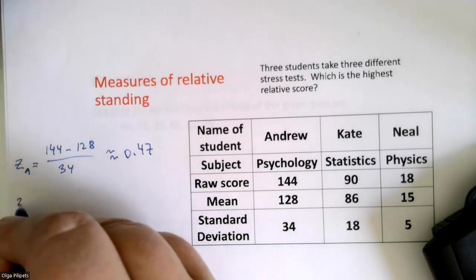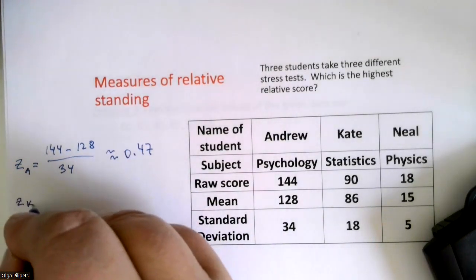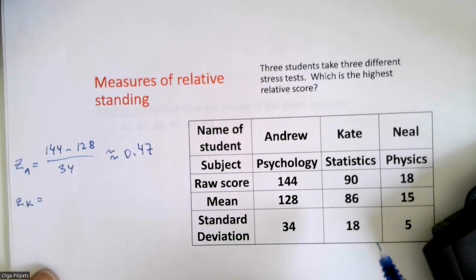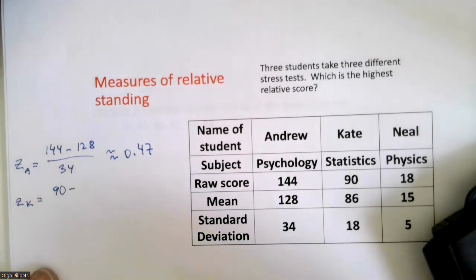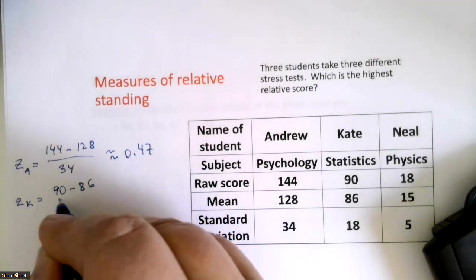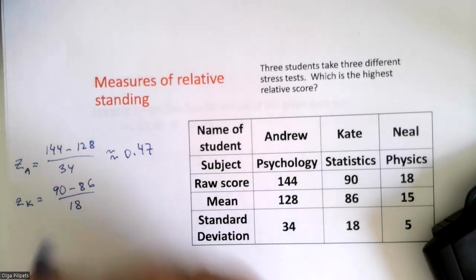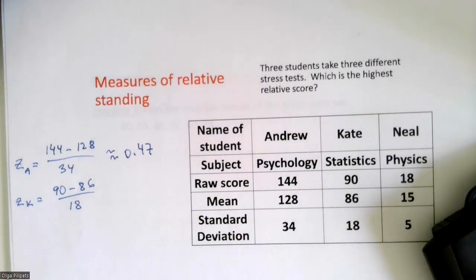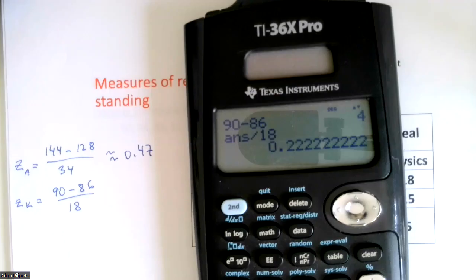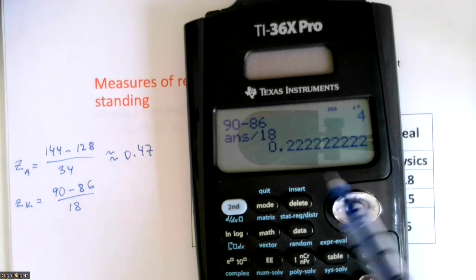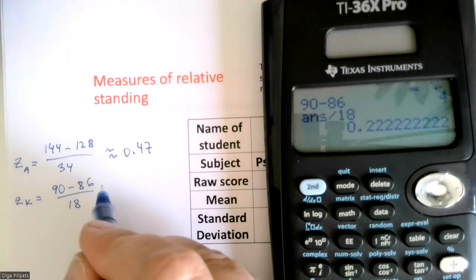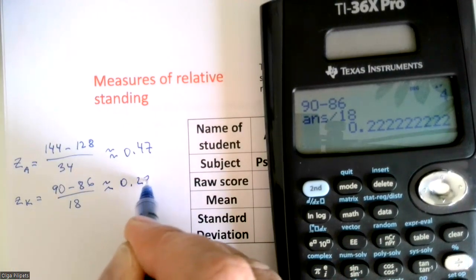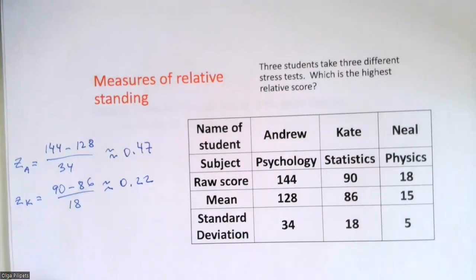So let's calculate the z-score for Kate's exam score. Her exam score was 90, the average was 86, and the standard deviation was 18. For Kate's z-score, we got 0.222, so 0.22 rounded to 2 decimal places.